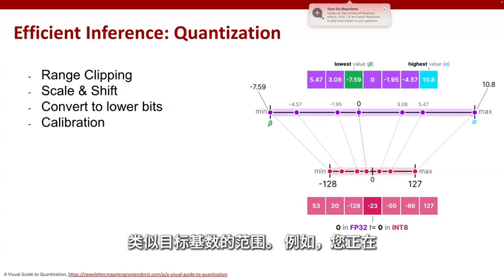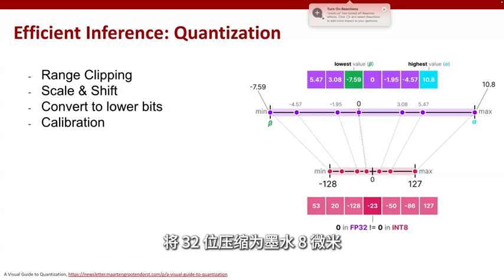For example, if you are compressing 32 bits to an int8 model, then you will compress the range of the weights to -128 to 127.